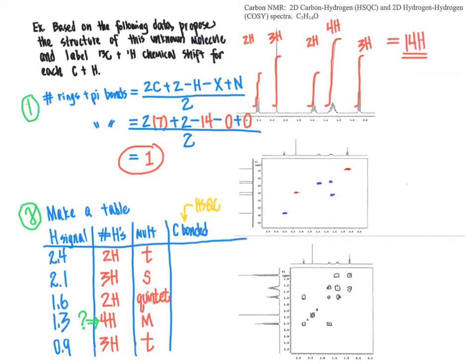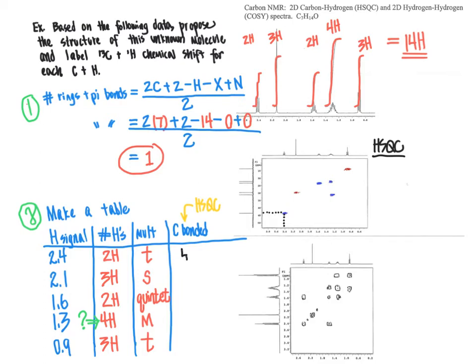What carbon is directly bonded to each of those hydrogen atoms? Filling that in, we go to our HSQC spectrum. That is the spectrum that is here in the middle of the page. Looking at our HSQC spectrum, for our signal at 2.4 ppm, what we can do is start here at 2.4, go up, see where we see that signal in blue, and then follow that over to the axis, and that's going to land us at about 44 ppm.